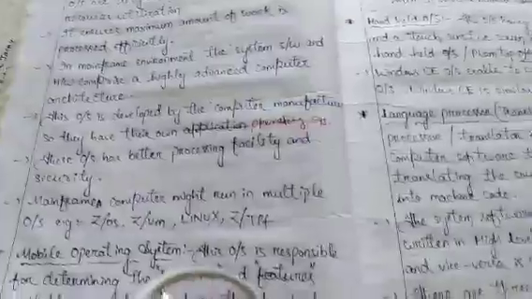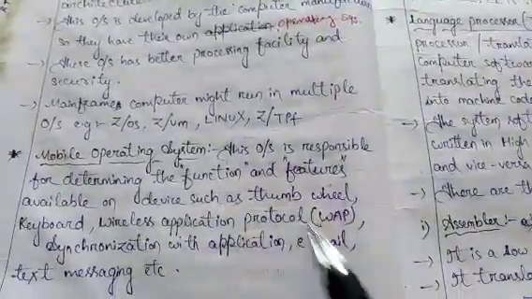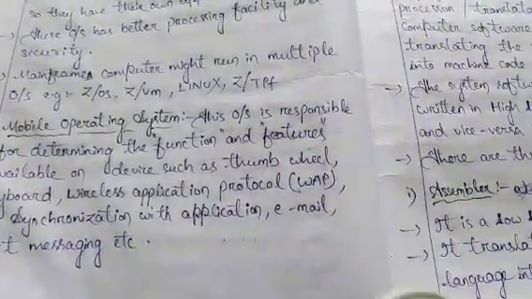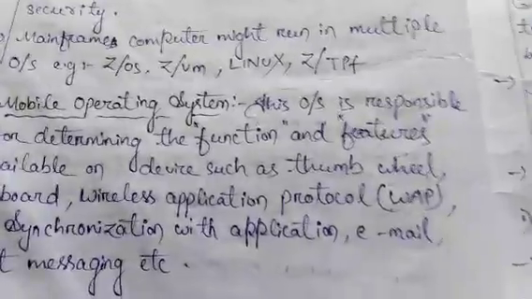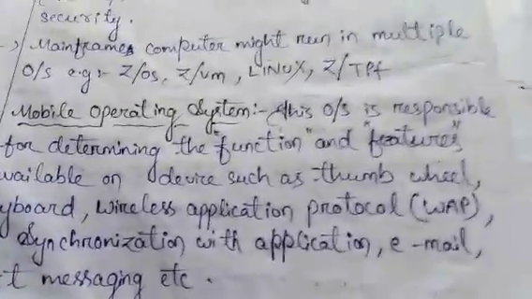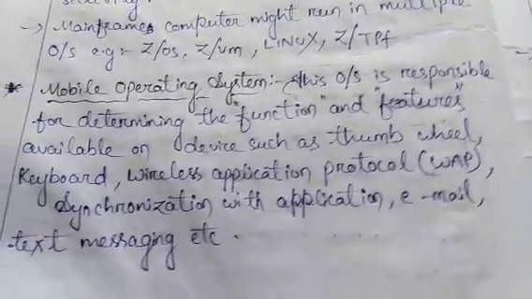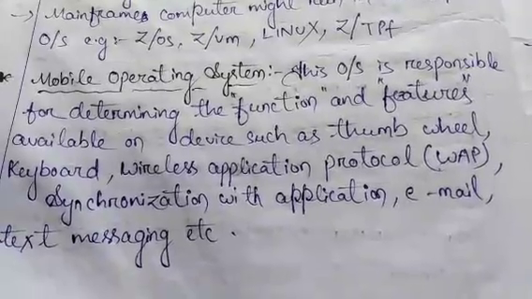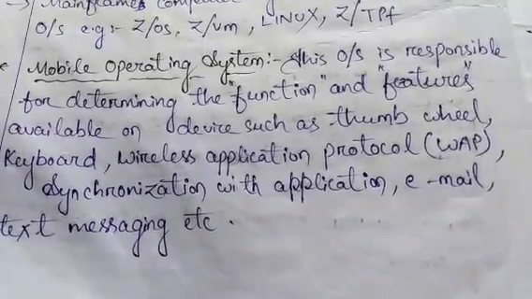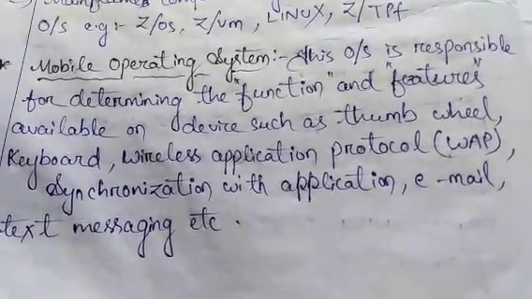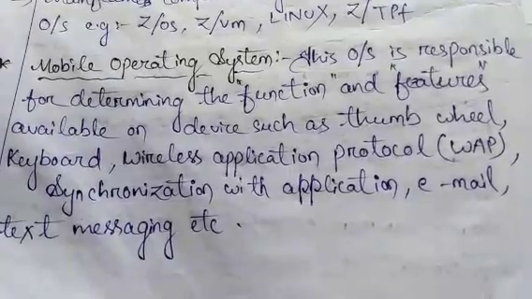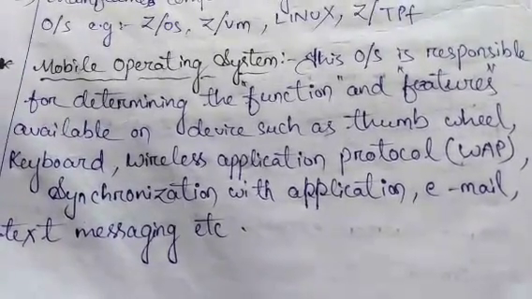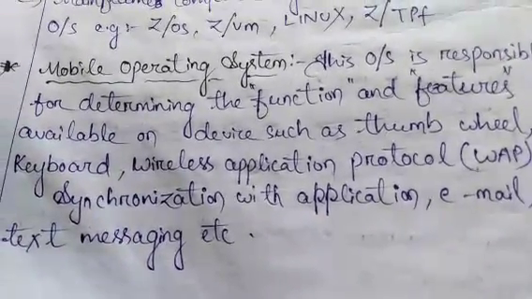Also you have the mobile operating system. In each mobile you are using an operating system. This operating system is responsible for determining the functions and features available on the device, such as thumb wheel, keyboard, wireless application protocol, that is, synchronization with the application.